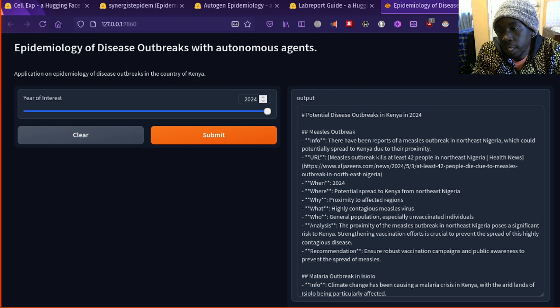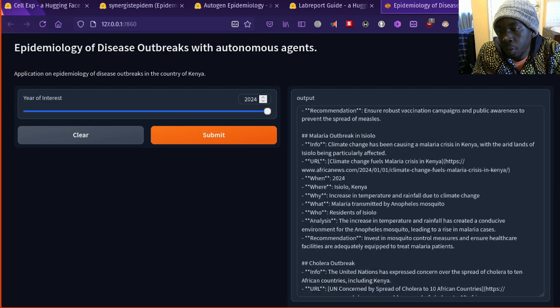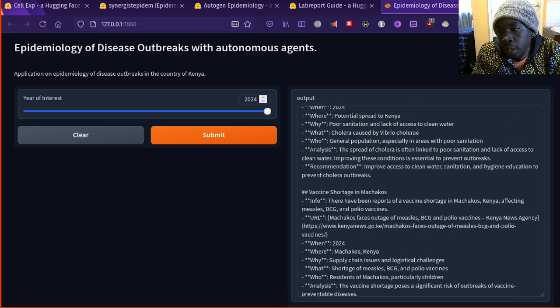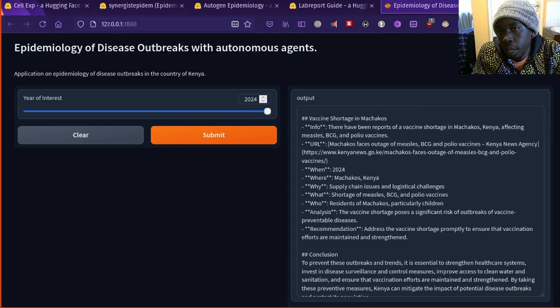So basically, this one is talking about a measles outbreak in Nigeria. We don't really have a measles outbreak here, but we have a vaccination shortage in Machakos.